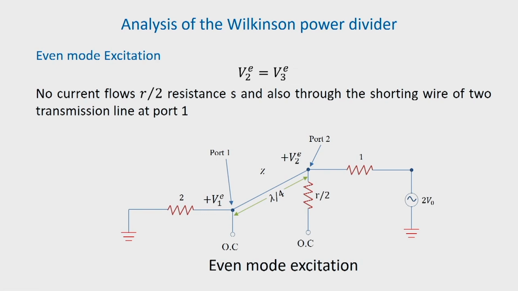When we have V2E the same as V3E, they are at the same potential and no current flows through the R by 2 resistance because it has become open here, and also through the shorting wire of two transmission lines at port 1. So, here we can see it is an open circuit, and we have Vg2 equal to 2 V naught.